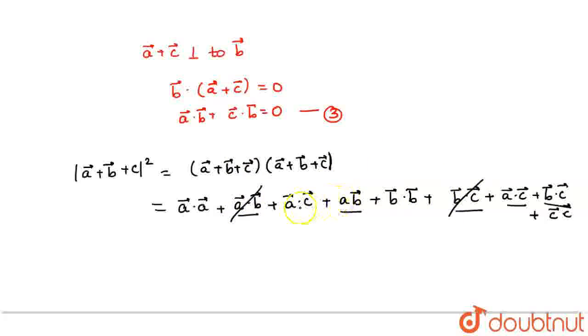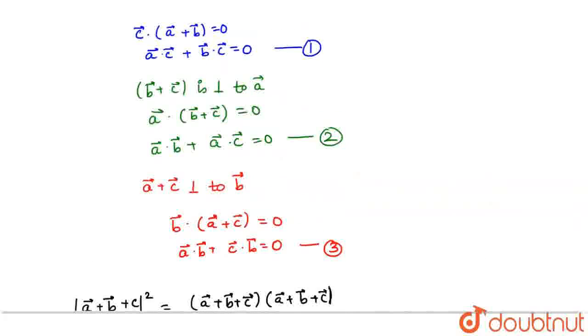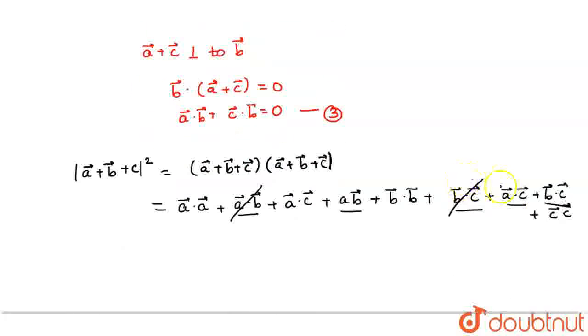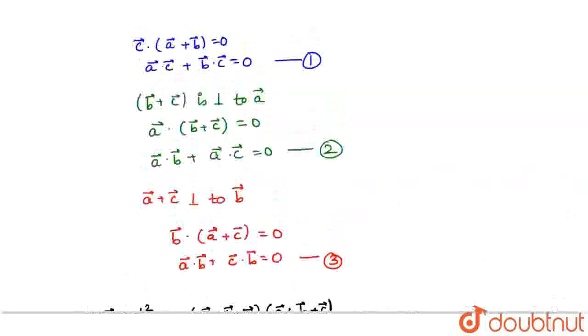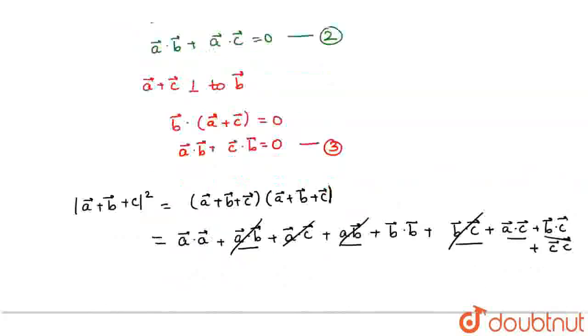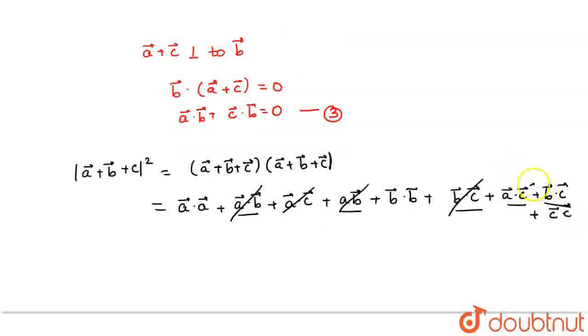Now A dot C vector from here would be equal to minus of A dot B vector, so this would also get cancelled, and A dot C vector is equal to minus of B dot C vector, so this would also get cancelled. So what I'm left with, I can write this from 1, 2 and 3.